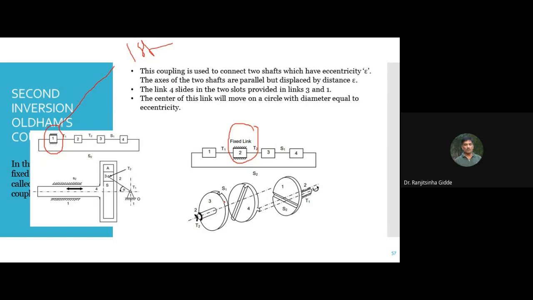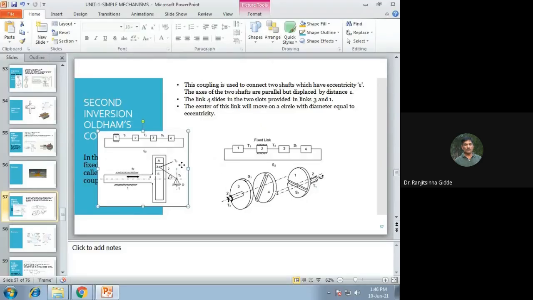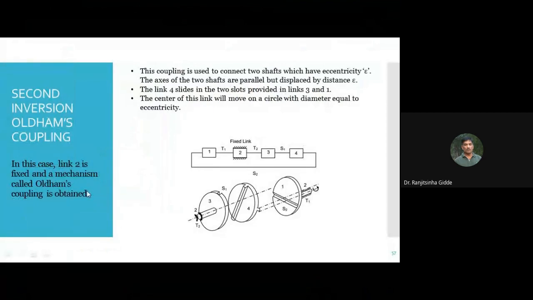These simplified diagrams are important. I got these from one of the PDFs, that's why I have put them on the slide, right? So for getting the first inversion, the first link is fixed. For getting the second inversion, the second link must be fixed. So this way we need to have clarity with respect to the inversion.